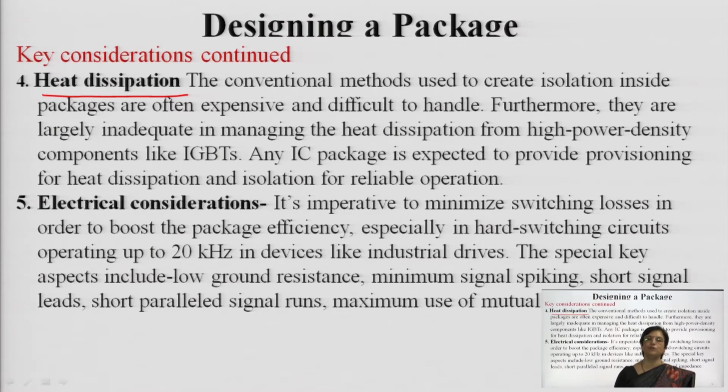There is no thermal issue involved, because whenever there is an increase in temperature, the behavior of the circuit will change, and you don't want that to happen. So you need to have provisioning, and that is taken into account when you consider the heat dissipation.